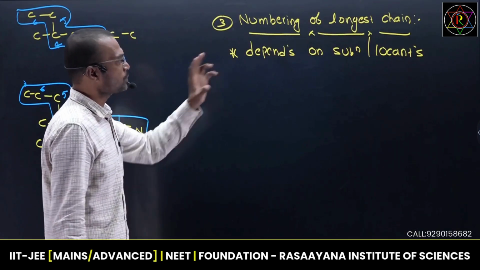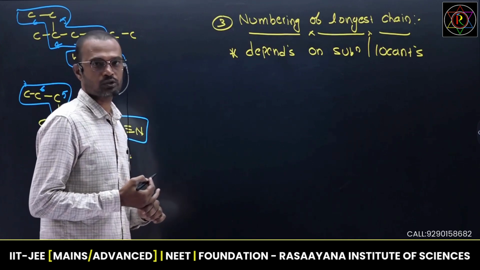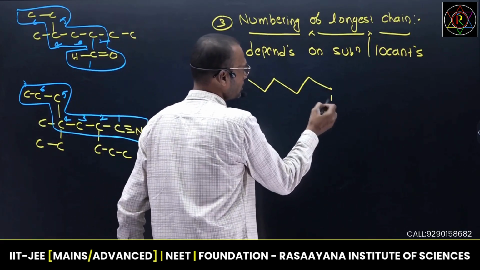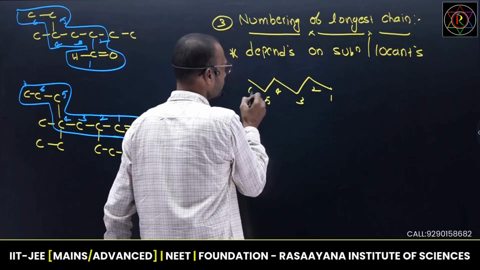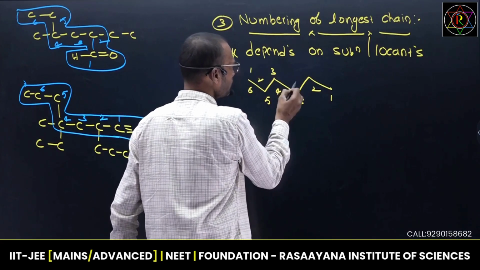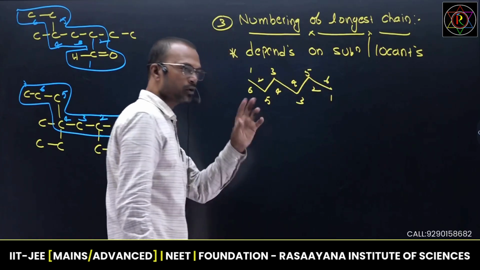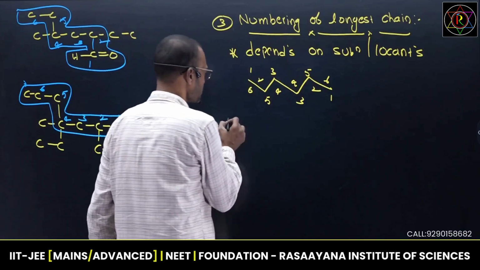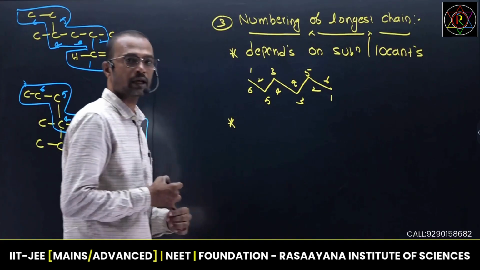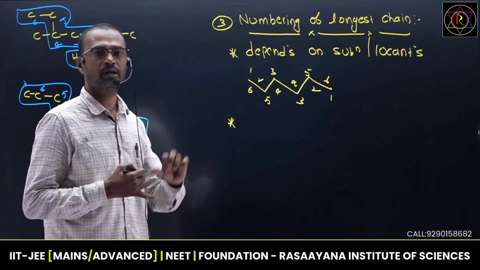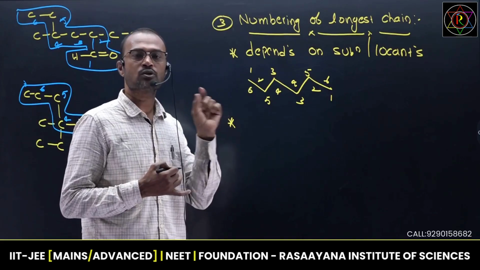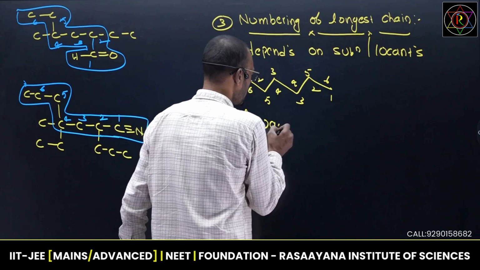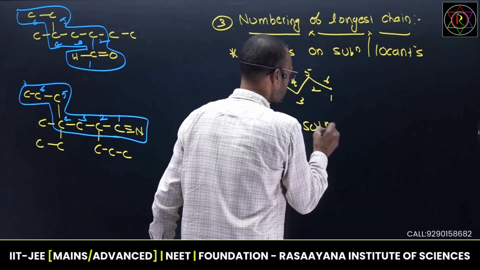So suppose the longest chain has no substitutions, you can give numbering from any direction. See, this is the longest chain. I can give numbering in any direction. I can start from here 1, 2, 3, 4, 5, 6. You can give numbering from any direction if there is no substitution. But suppose any substitution is present, after selection of the parent chain, select a direction where the substitution carries the lowest number. Okay, so here we need to remember: always substitution gets the lowest number.